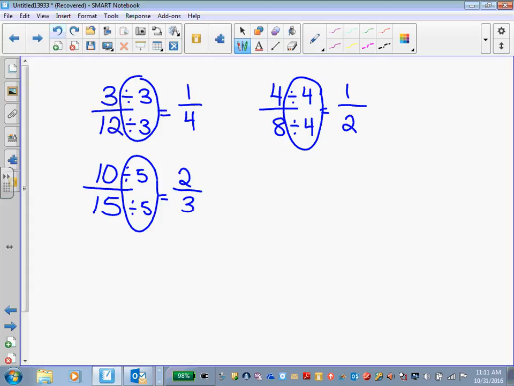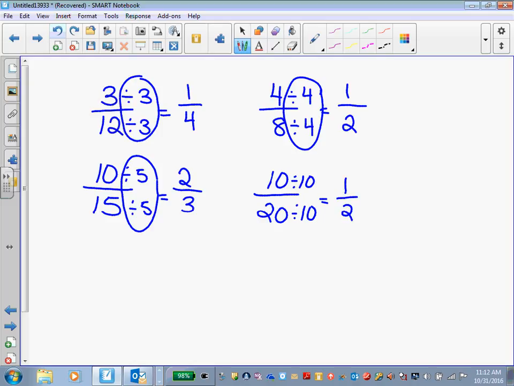Yes, ma'am. Can you divide by double digits? Yes, so the question was, can you divide by double digits? Well, if your fractions can be divided by those double digits. If you had 10/20ths, let's say, you would divide by 10 for both of them, and you'd end up with 1/2.